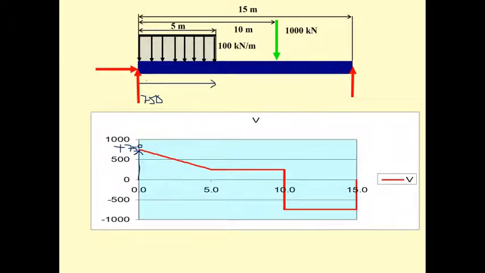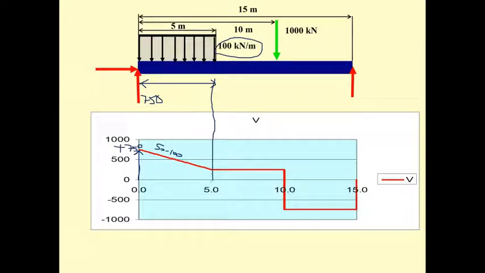This region is 5 meters, and the value of w is 100. So the slope here is going to be minus 100.